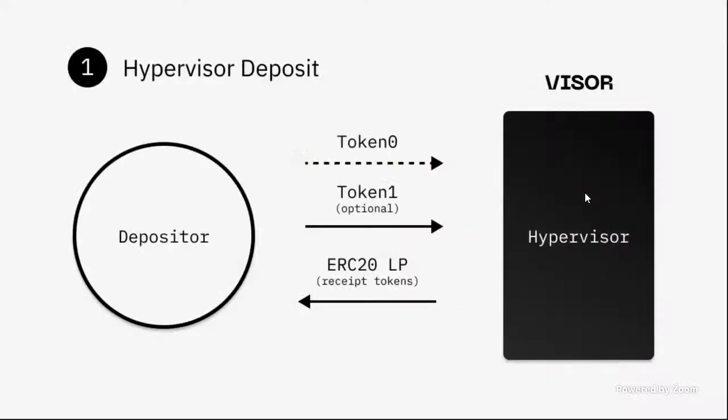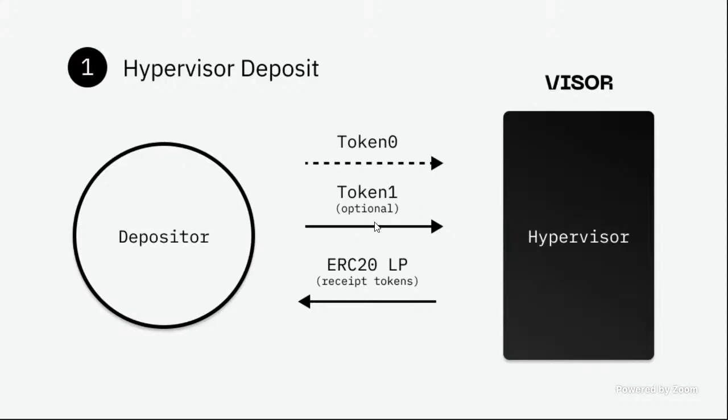So the first functionality that we want to describe is simply how the deposits work. Anybody who signs up through our Visor web app can deposit assets to our hypervisor managed LP position. And what we allow is potentially single-sided deposits. So you have to deposit one of the tokens, and you may choose to only deposit one of them.